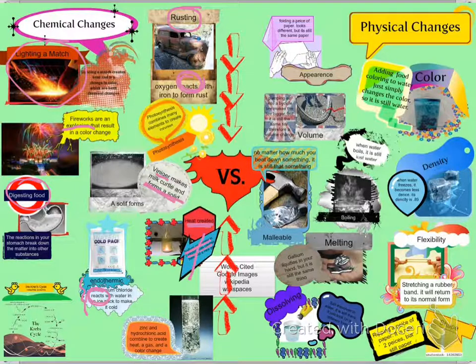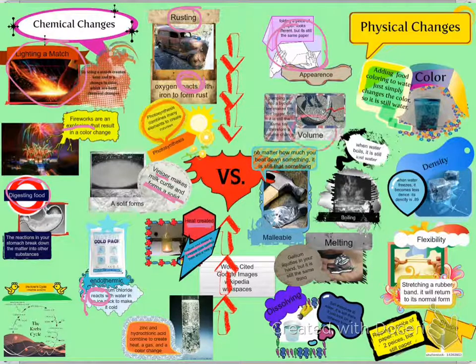If we look over to the physical side, you'll notice that it's a lot of things that you see. Appearance of something, folding a paper. Folding a paper, the paper is still the same thing. It's just a different shape.